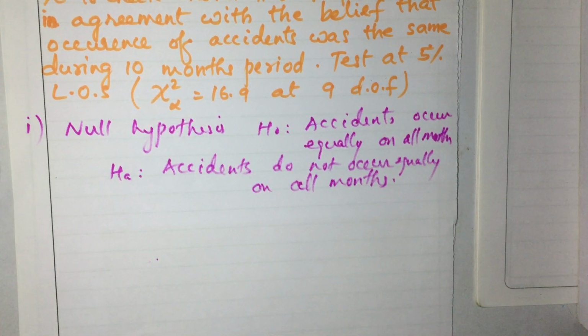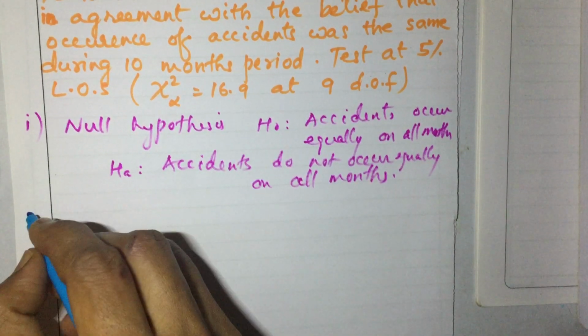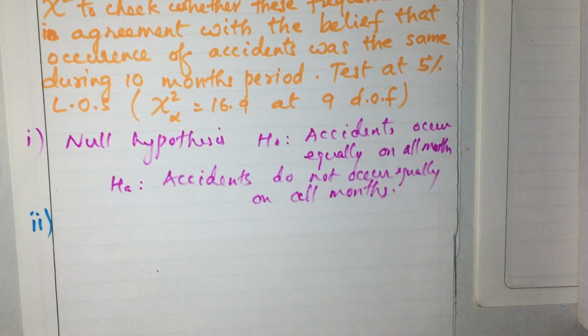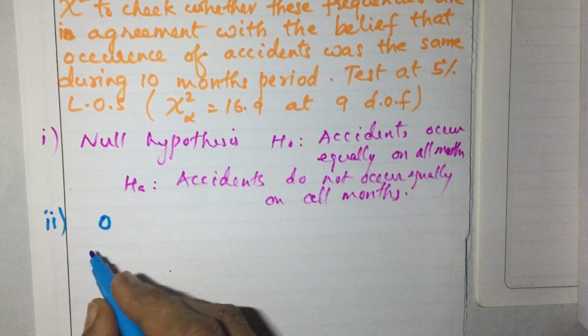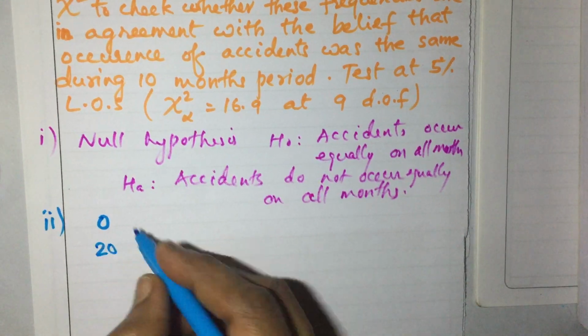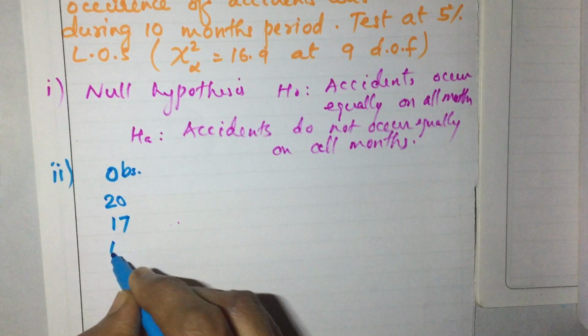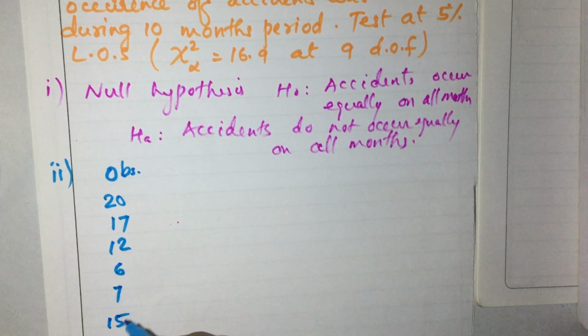Okay, then second step, calculation of chi-square. So for the calculation of chi-square, you write all this, that is, your observed frequency is given: 20, 17, 12, 6, 7, 15, 8, 5, 16, 14.